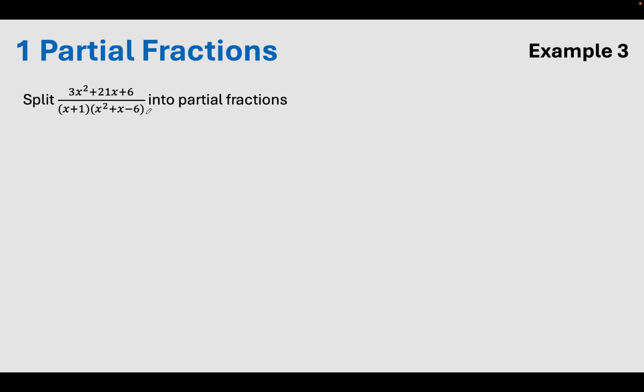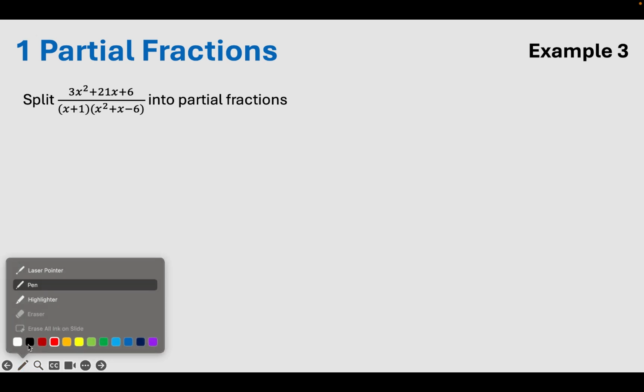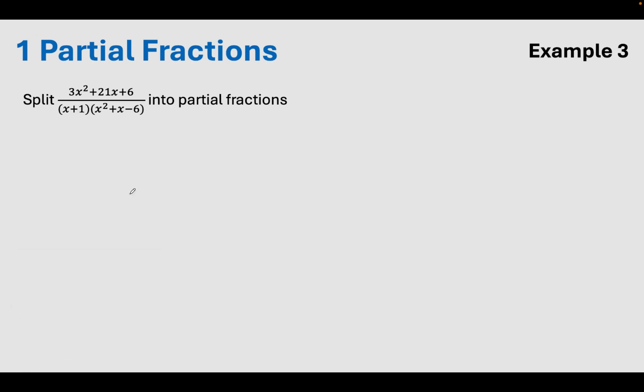Now, this one has one linear factor and it has a quadratic. So let's start, I'll just write the numerator out again, over x plus 1. And remember, partial fractions will only work if we have distinct linear factors.